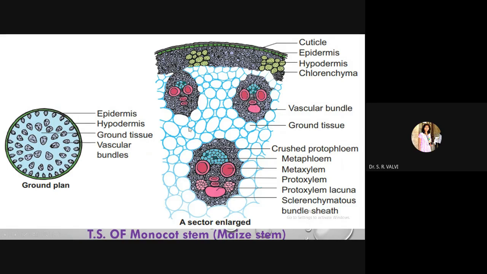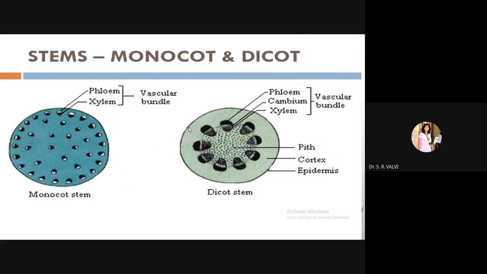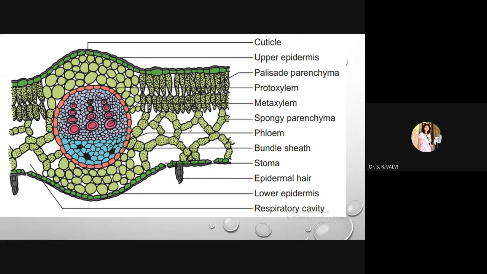So this is the ground plan of the monocot root; the dicot root I have explained. Now come to the last part of my explanation, that is the dicot leaf. Here, in the case of dicot and monocot leaf, how are you going to differentiate them?